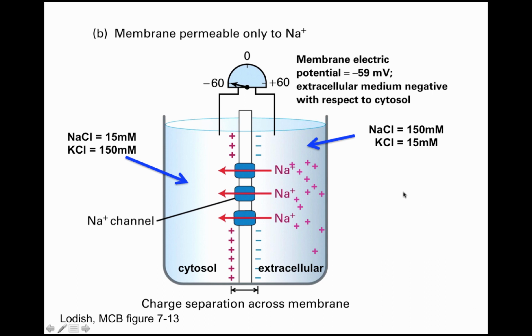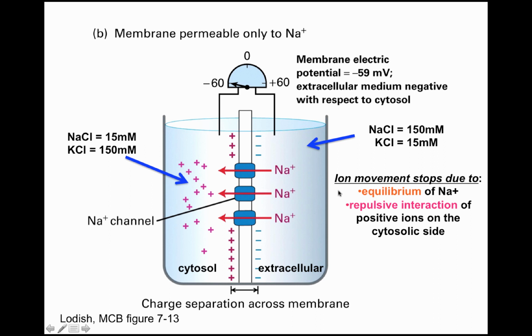The positive sodium ions are able to move from the right side of the membrane to the left. That sets up a current, which will be measured by the potentiometer as an electrical membrane potential of minus 59 millivolts, because the ions are moving from the extracellular, quote-unquote, region to the intracellular, quote-unquote, region.